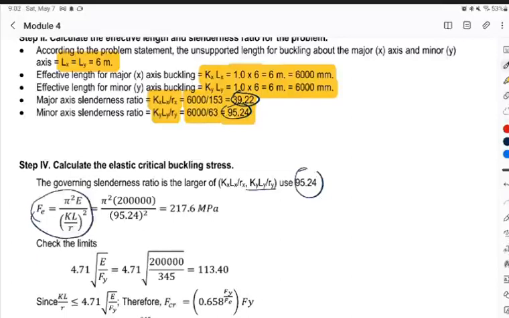Ano yung KL over r, sir, na gagamitin? It is the governing slenderness ratio. And sabi nga natin, it is 95.24. So putting the values, direct substitution lang, we will have our elastic critical buckling stress to be 217.6 megapascal.